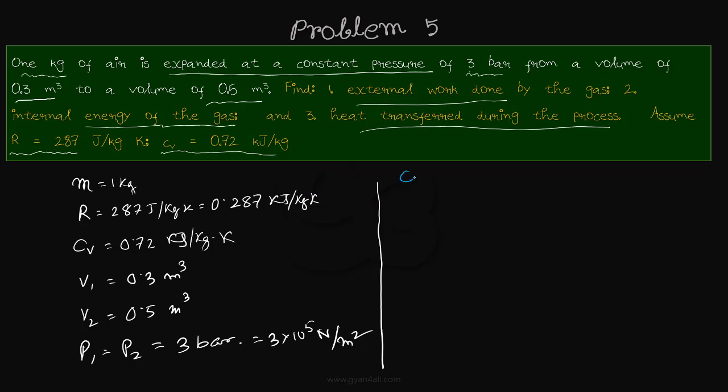From the relation Cp minus Cv equal to R, we'll find Cp, which is equal to Cv plus R. So Cv equal to 0.72 and R is equal to 0.287 in the same unit, kilojoule per kg per Kelvin, and that is equal to 1.007 kilojoule per kg per Kelvin.